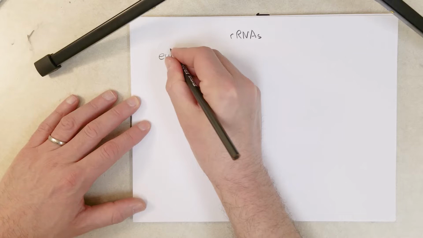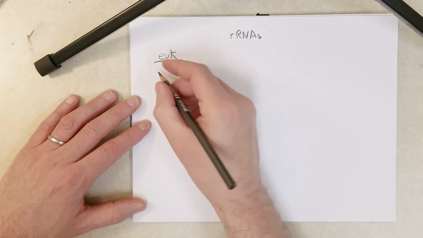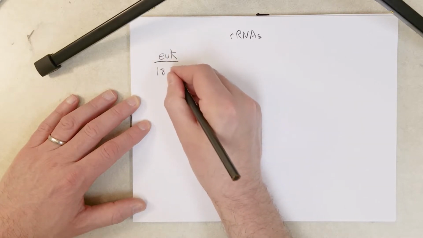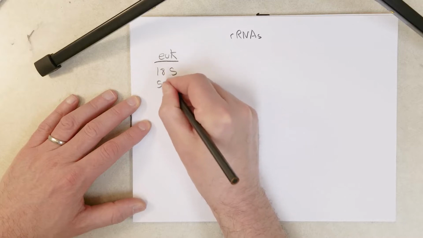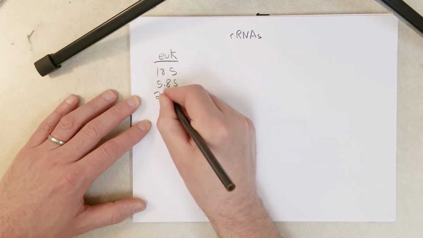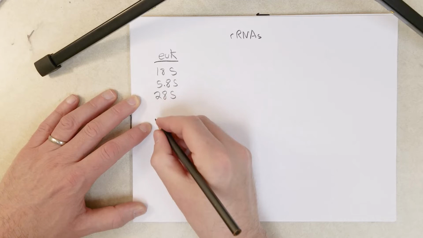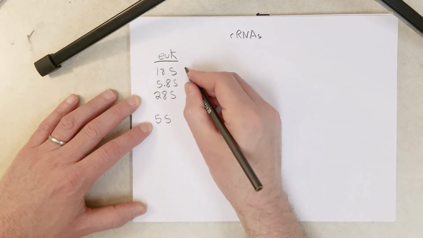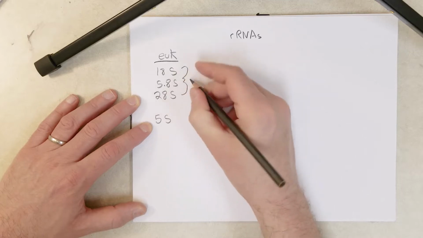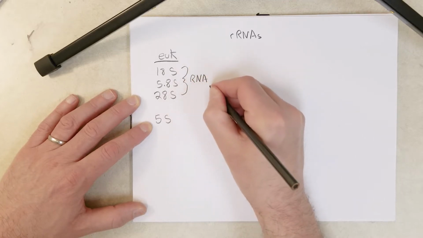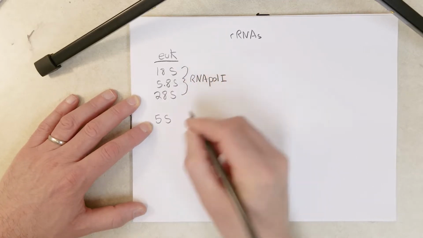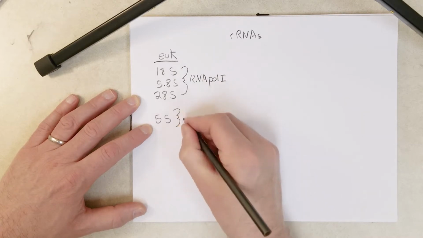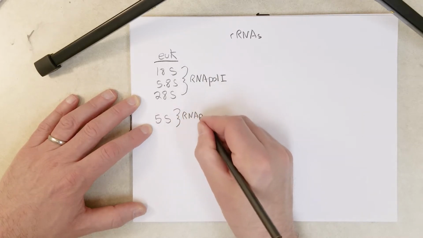Like we already talked about, in eukaryotes we have the 18S, the 5.8S, the 28S, and the 5S ribosomal RNAs. These three are all transcribed by RNA polymerase 1. The 5S is transcribed by RNA polymerase 3.